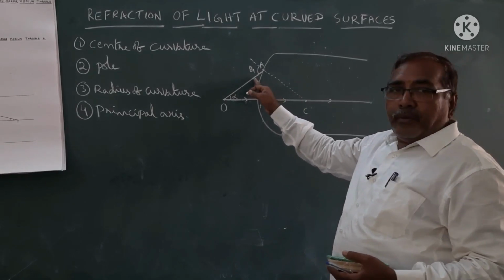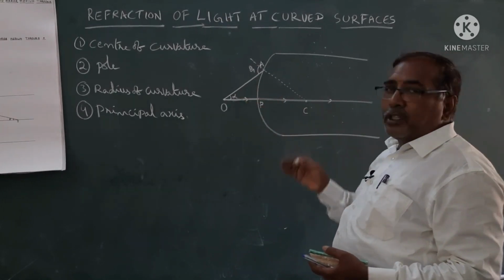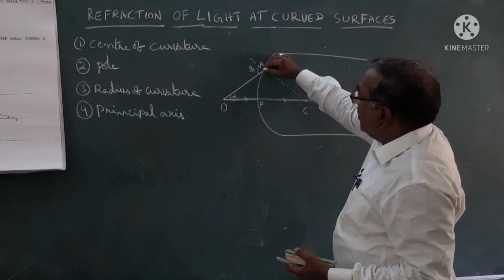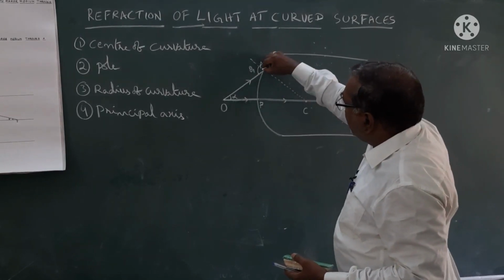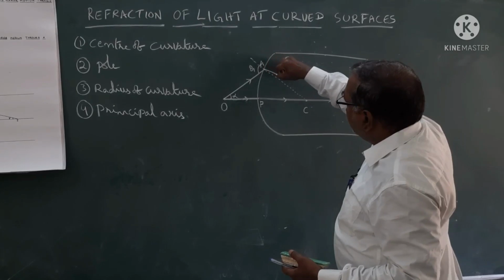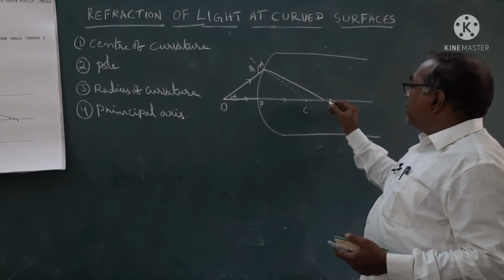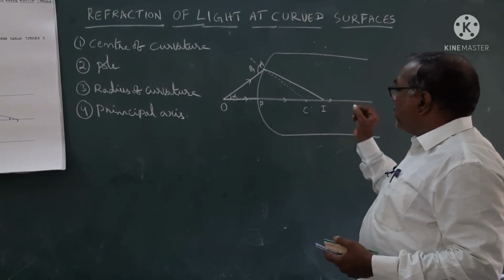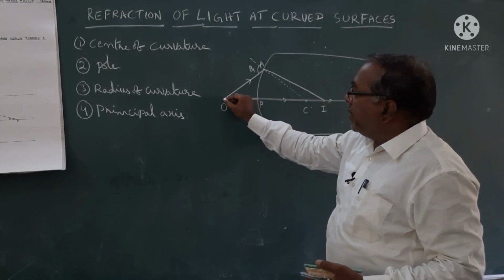The ray is passing from rarer medium to denser medium. Hence, it bends towards normal, passes like this and intersects the principal axis and forms an image I. It is the image point. It is a point object.